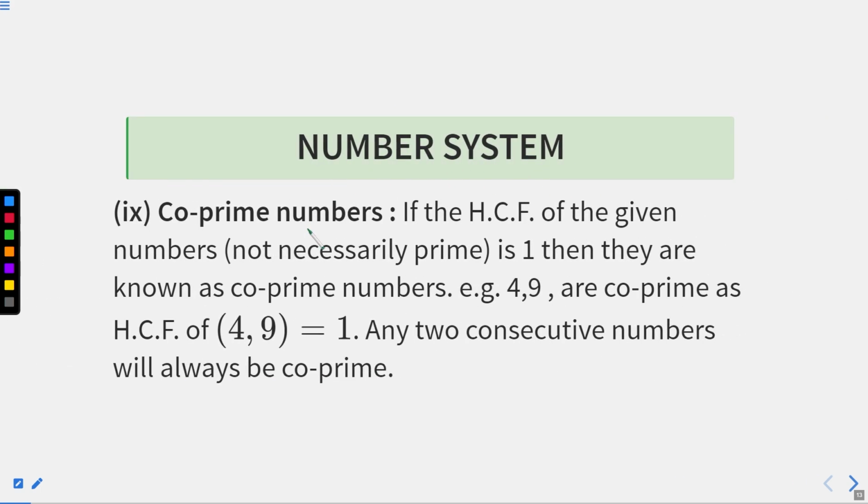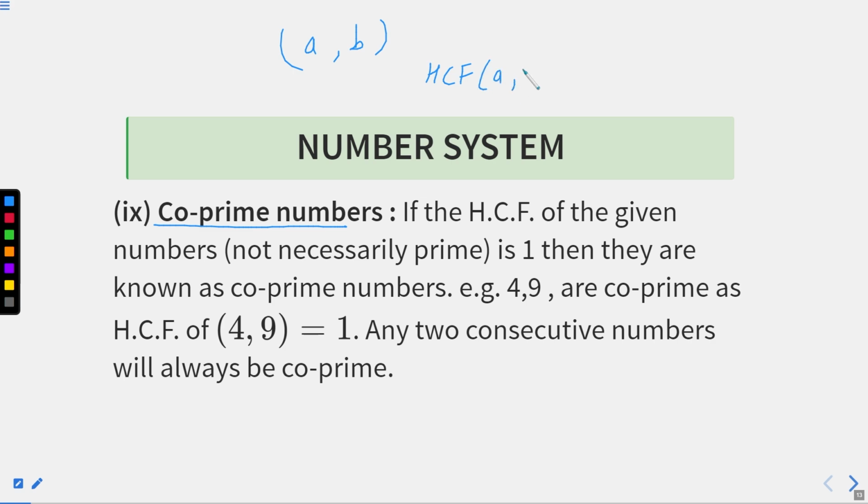Now co-prime numbers. Whenever we talk about co-primes, we always take pairs of numbers. So we have a number A and another number B. If we say A and B are co-prime numbers, then we are talking about the HCF of them.